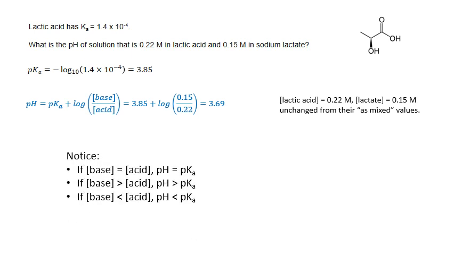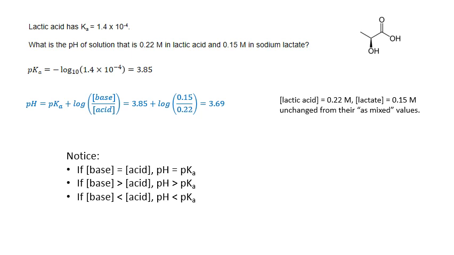I wanted to point out a couple of things about the equation. Notice that if the base is equal to the acid, like in that one example we had a little while ago, 0.1 and 0.1, the numerator and the denominator within the log term in the Henderson-Hasselbalch equation are equal, so you have the log of 1. Well, the log of 1 is 0, right? So if the base equals acid, in some situation, then the pH is equal to the pKa, right?